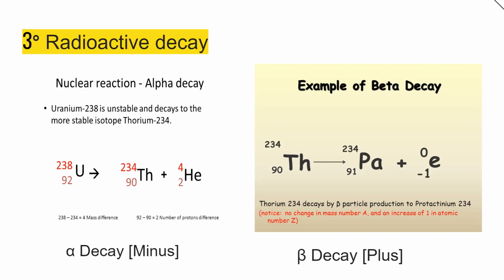So alpha decay is the minus one, and beta decay is the plus one. These two decays always begin from an unstable chemical element, like uranium and Th. Obviously, both decays release energy, which is gamma, so we can add the gamma ray on the right side of the two equations.